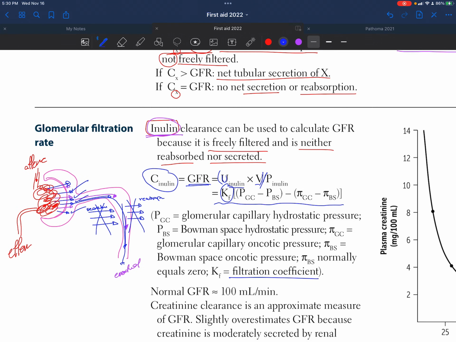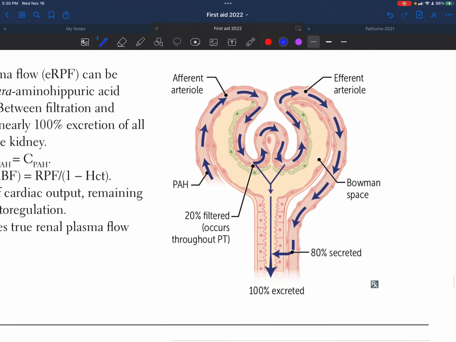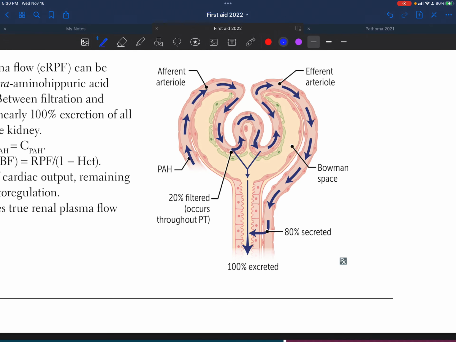which is the filtration coefficient, a specific fixed number. Let's take a look at it. This is the image that is nice. Let's suppose there is a material, X or inulin or whatever, going from the afferent arteriole into the glomerulus, and here in the glomerulus it gets filtered out. There are a few pressures occurring over here.